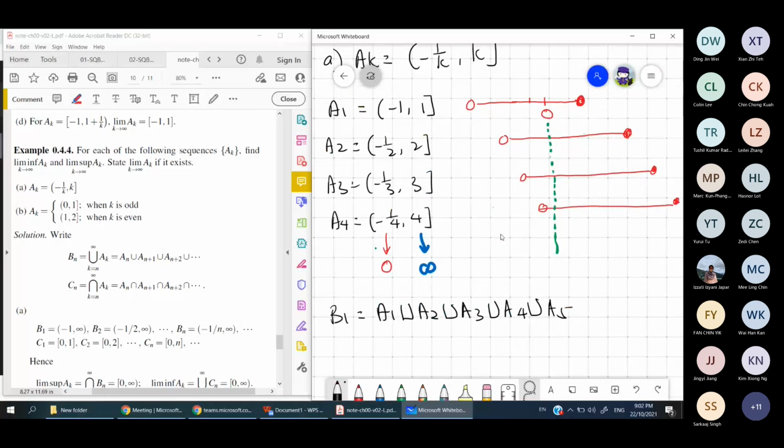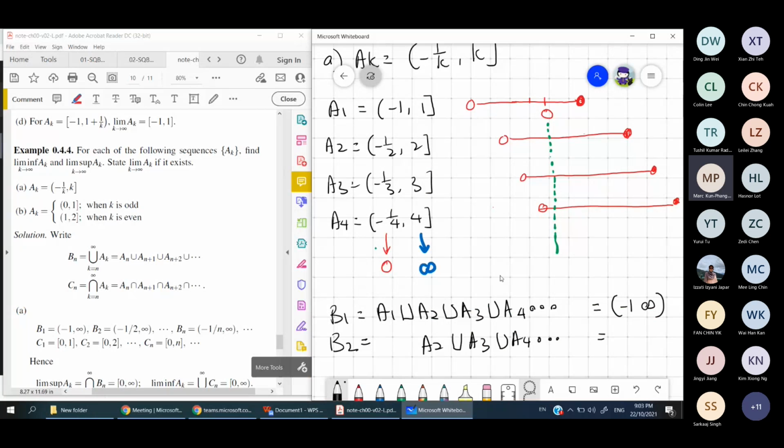So this will be -1 to infinity. Okay, B2, we begin with A2 union A3 union A4 and so on.